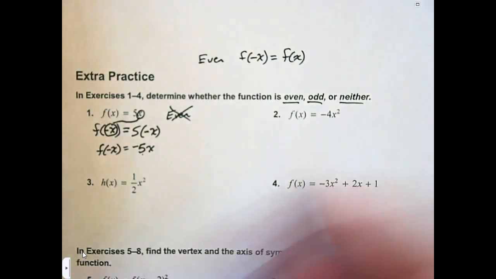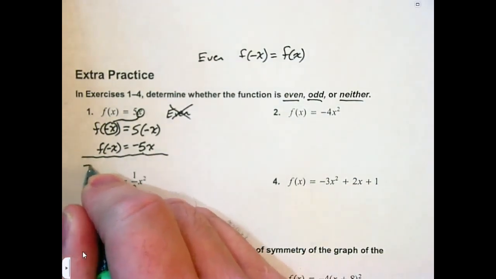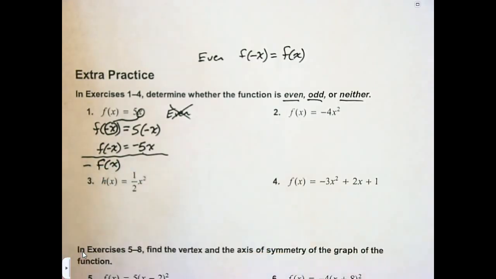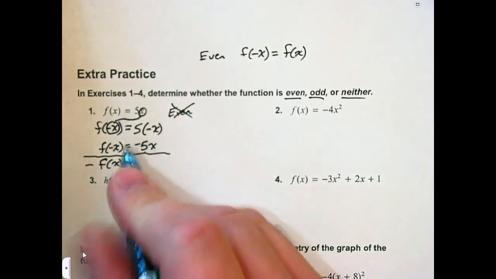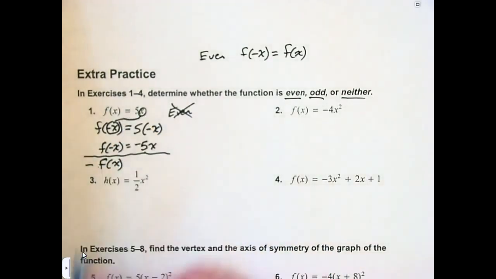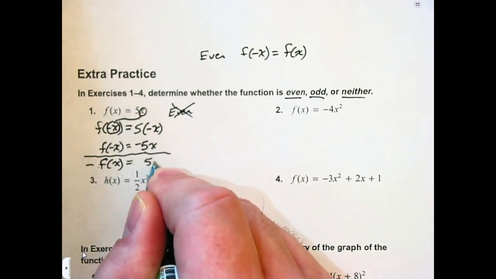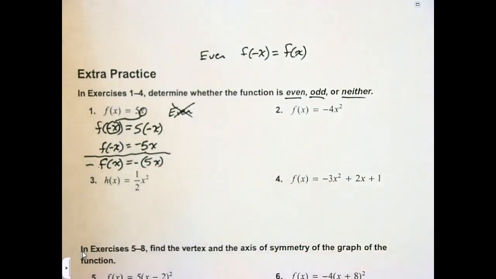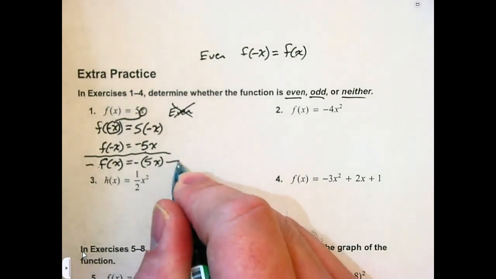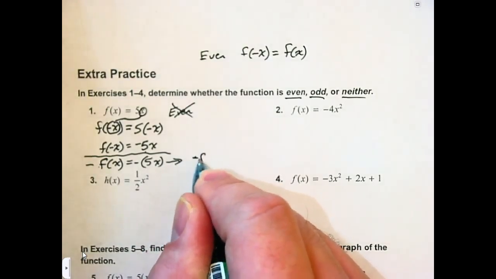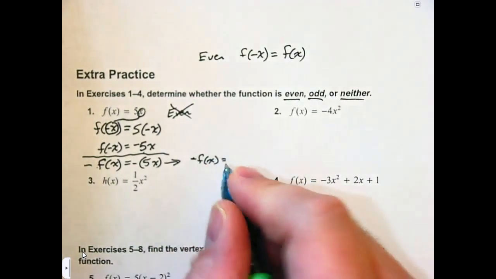To know whether it's an odd function, you have to calculate negative f of x as well. Negative f of x says I take and I put a negative sign in front of whatever f of x is. So f of x is 5x, and I put a negative sign out in front. So negative f of x is negative 5x.